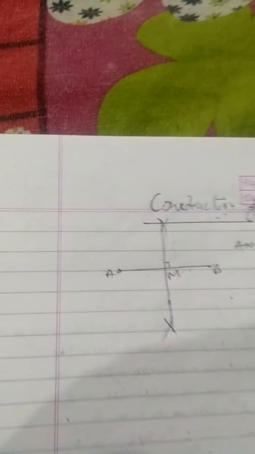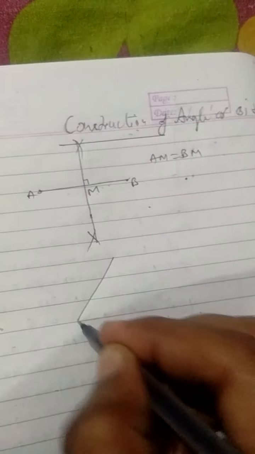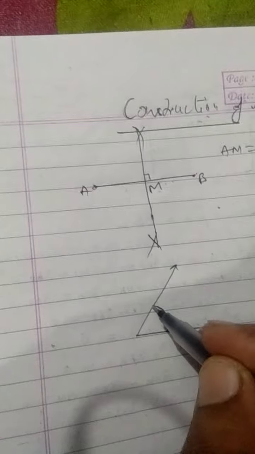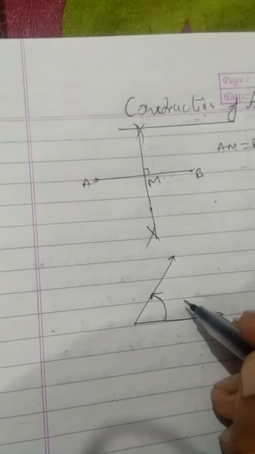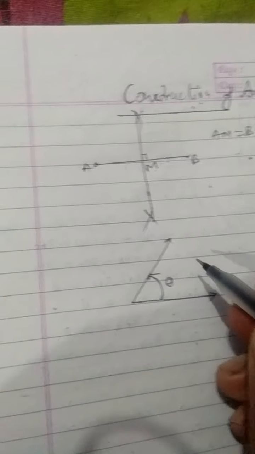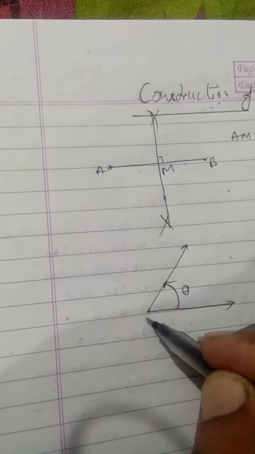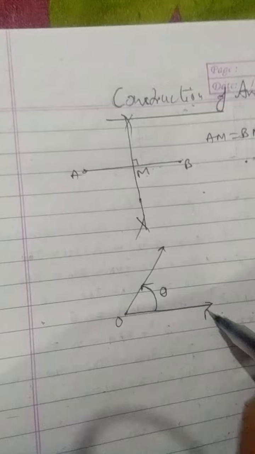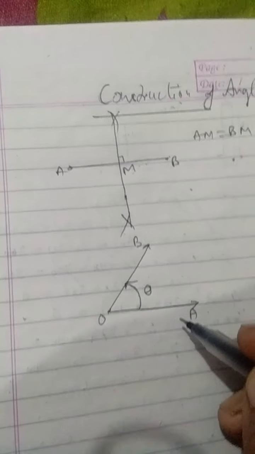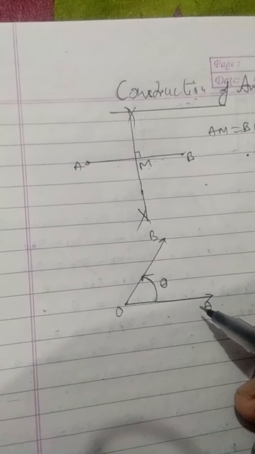Now next we have any given angle. You know angle has two arms, and deviation between the arms is known as angle. When we draw the bisector of angle, make a arc from the center as a middle angle AOB, where OA and OB are the arms of the angle.